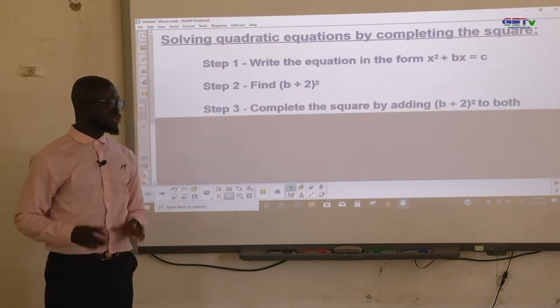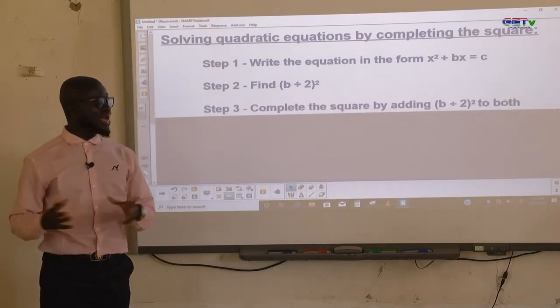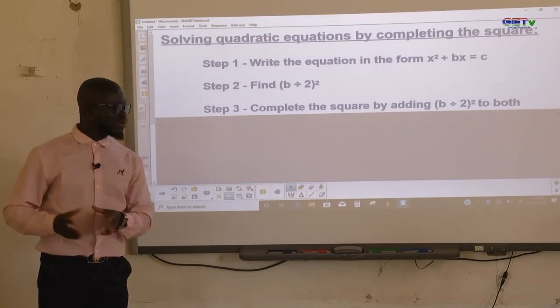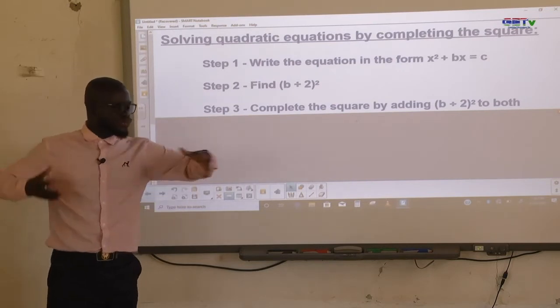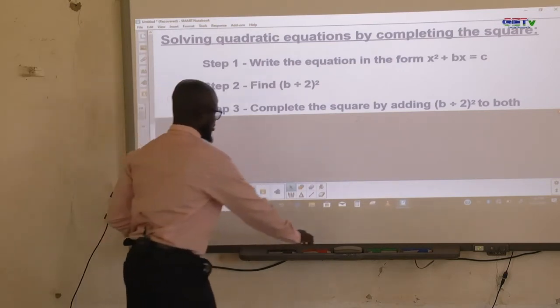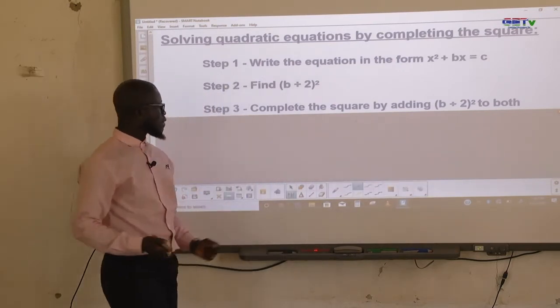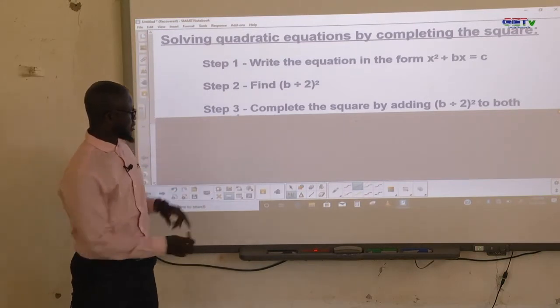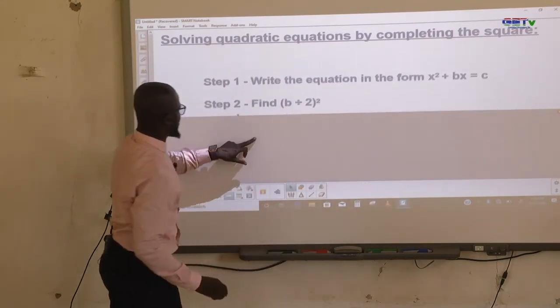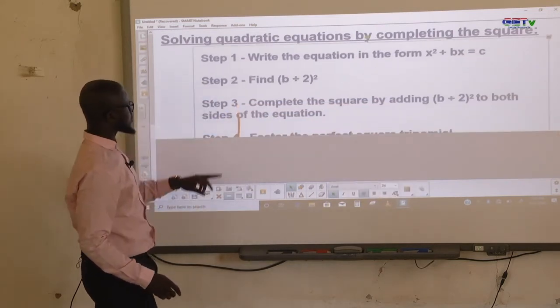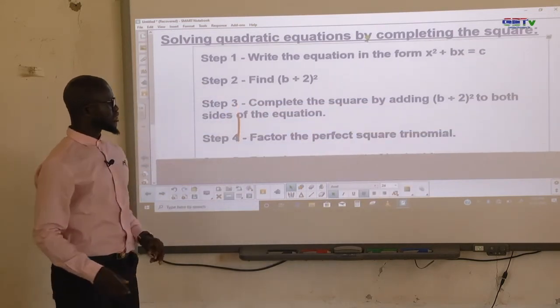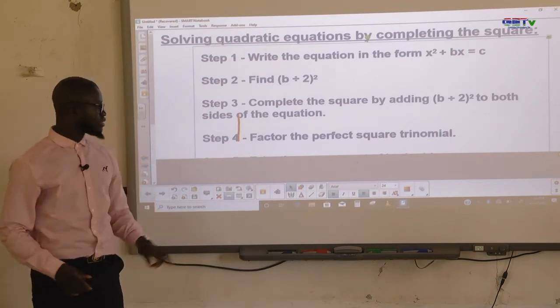In step 3, you are asked to complete the square by adding the result of dividing the value of b by 2, then squaring, to both sides of the expression. Then step 4, factor the perfect square trinomial.